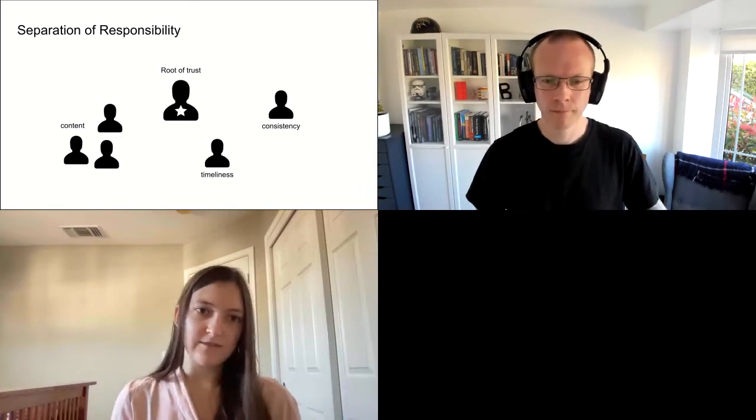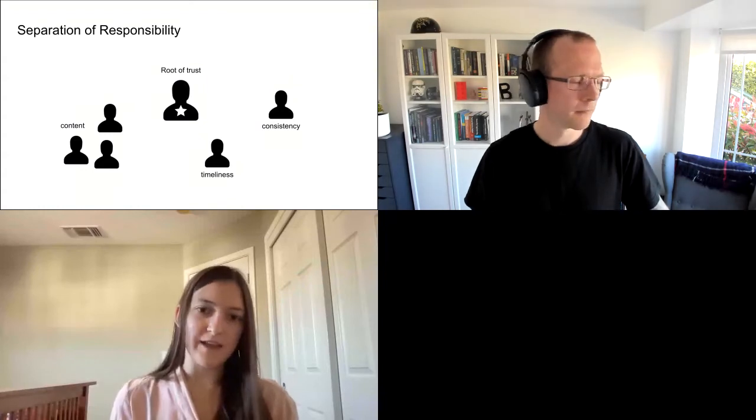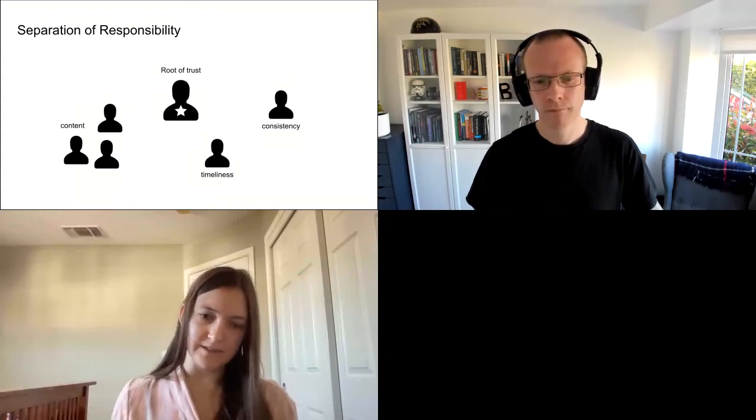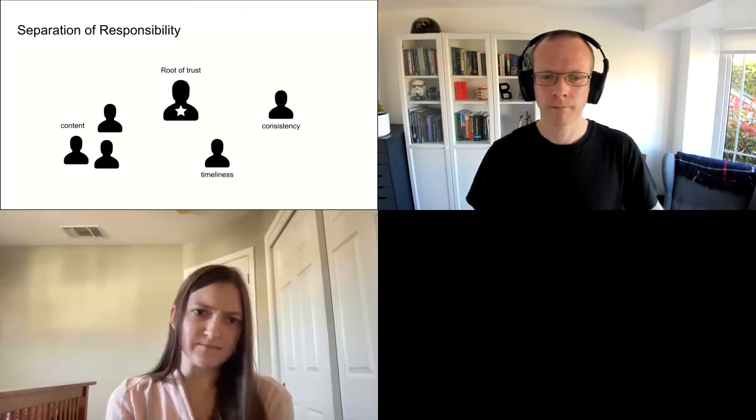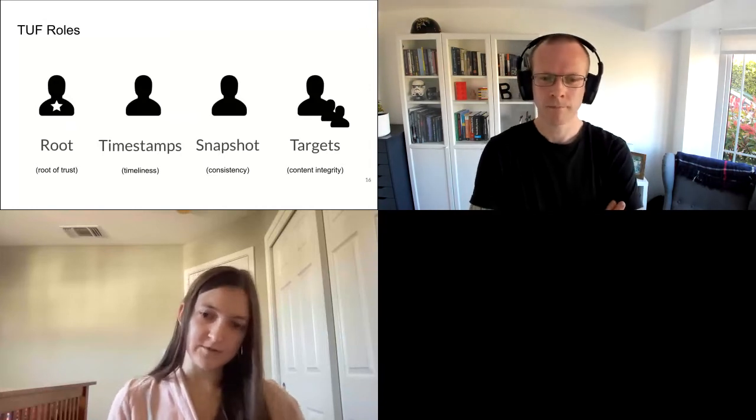So instead, what TUF focuses on is this idea of separating the different responsibilities into different people, to different computers, to different keys, so that the compromise of any one of these things doesn't compromise the whole system, and each person is only responsible for their subset of the system. And so if you go to the next slide, the big way that this works in TUF is through the use of 4 main roles.